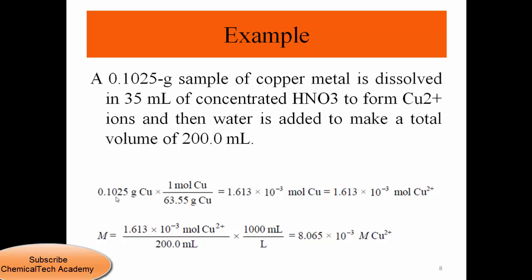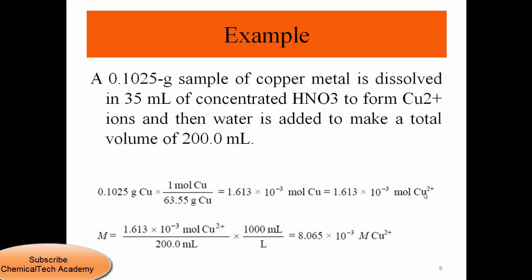We have 0.1025 grams. If we divide it by the atomic mass of copper, which is 63.55, we get the number of moles of copper, which is 1.613 times 10 to the power minus 3. When we dissolve it in nitric acid, all of it is going to convert to ions. So we have 1.613 times 10 to the power minus 3 moles of ionic copper.